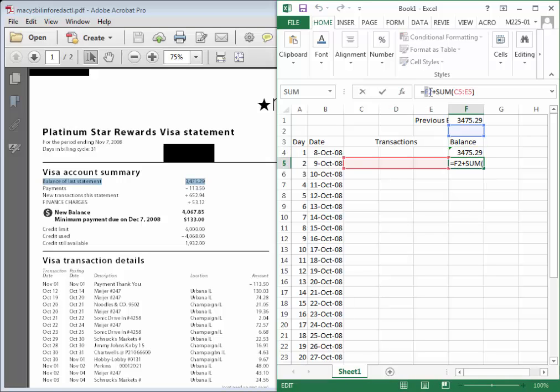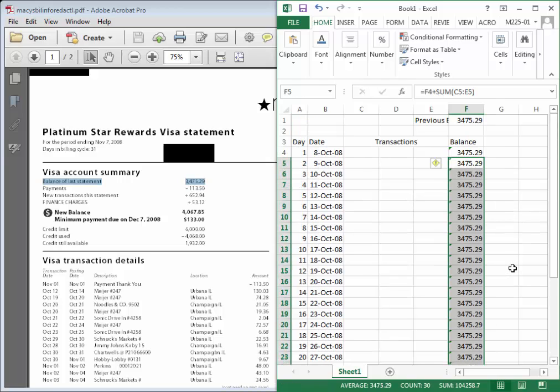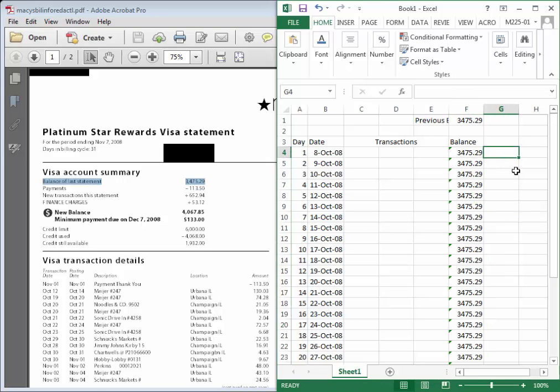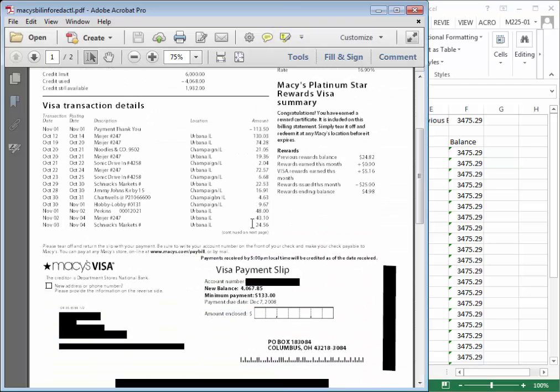And then after that, I want the previous day plus whatever transactions I had that day, all the way until I get to the end. What this is going to do is this column is going to give me the balance each day. And I just now type in the transactions.